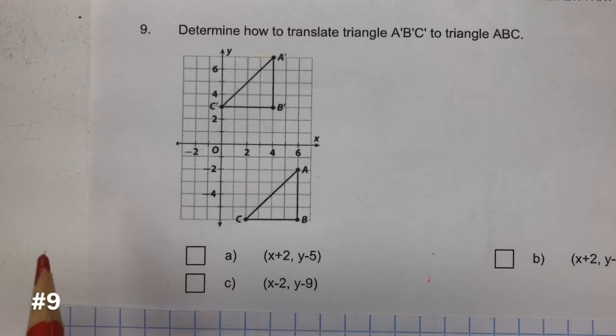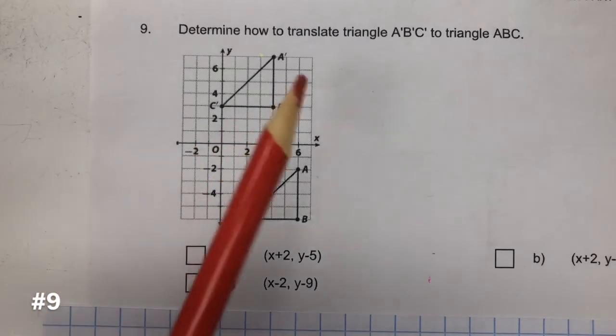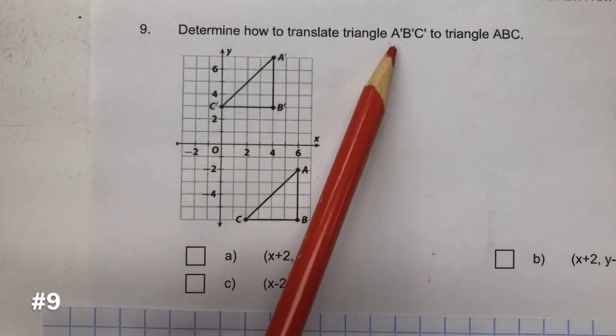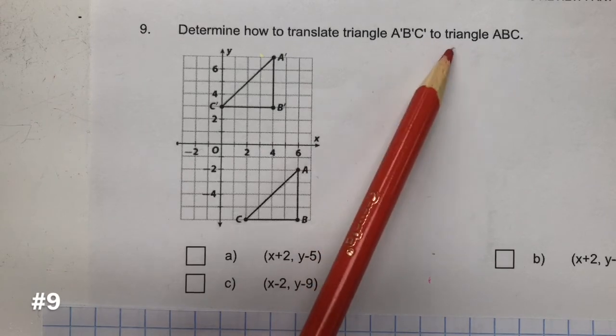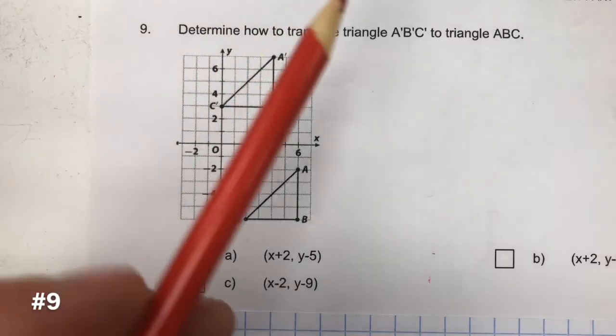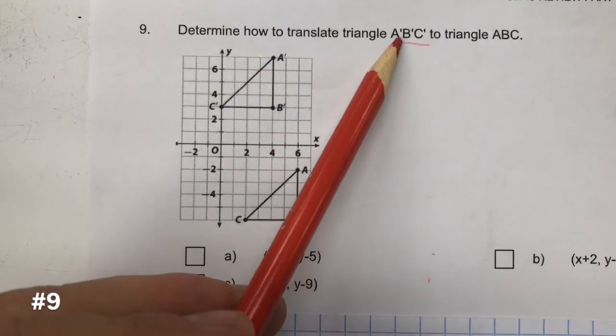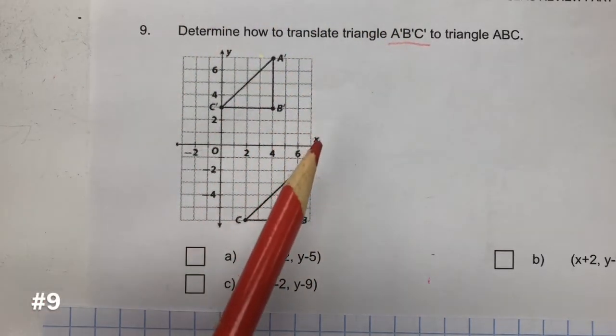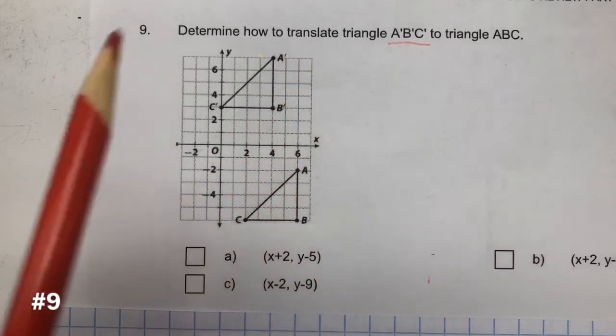For number 9, determine how to translate triangle A'B'C' to ABC. So this time they're telling you to start at the image and go to the pre-image. So how did you get there?